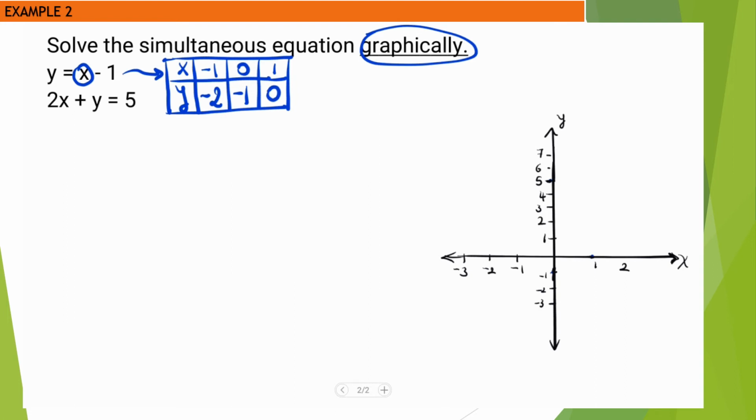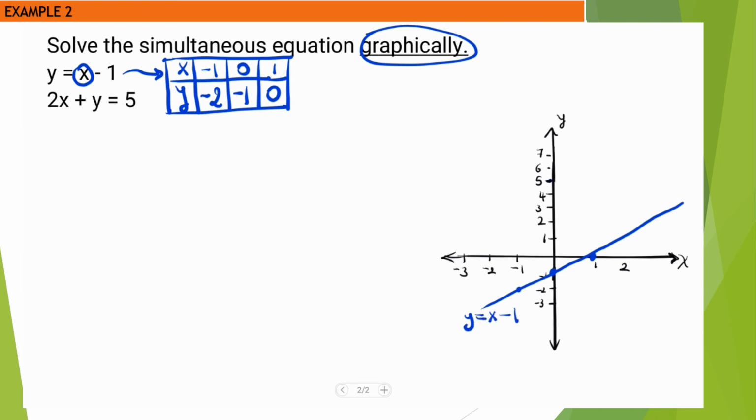Let's plot the points. Negative 1, negative 2 is somewhere here. 0, negative 1 is here, and 1, 0 is here. Use your ruler to combine those points and label your straight line, which is y equals x minus 1.